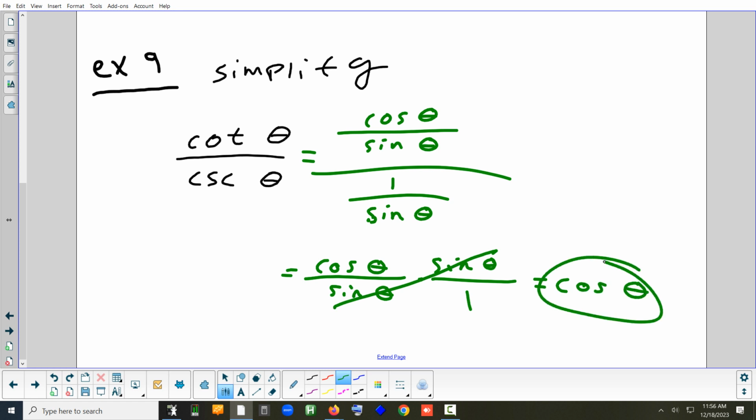Exactly. So instead of writing cotangent divided by cosecant, a much simpler way is to just say cosine. Any question on it? I don't expect you to be super good at simplifying these identities yet. It's something we're going to spend at least 2 or 3 more classes on. But this is just kind of an introduction to doing it.